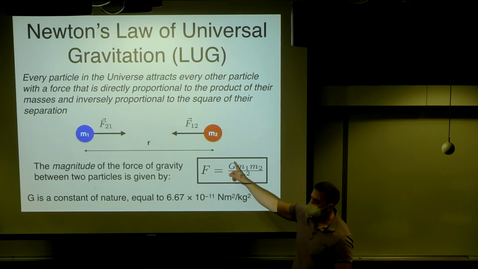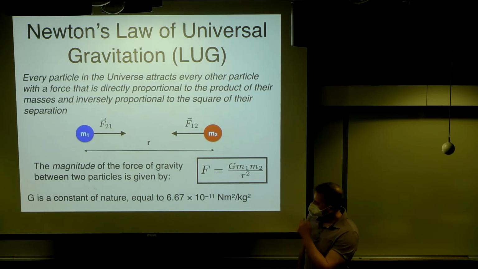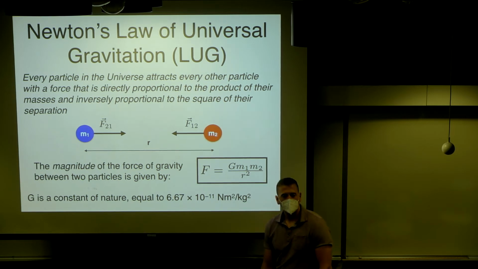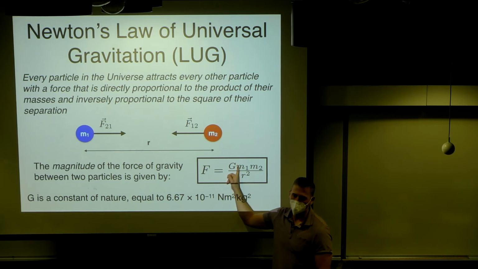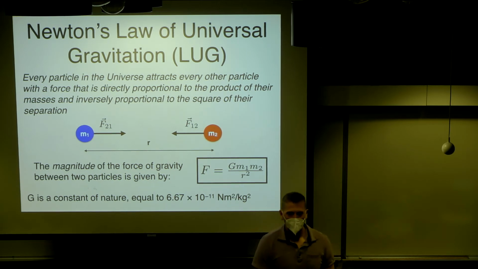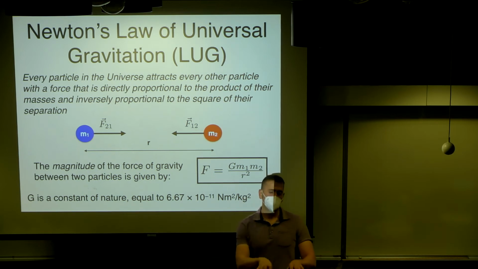And then there's some kind of constant out front. I'll give you the value of it, but I want to say right off the bat, it's not 9.8 meters per second squared. This is a completely different thing. This is capital G. 9.8 meters per second squared is lowercase g. 9.8 meters per second squared only applies to the way gravity works here on Earth.